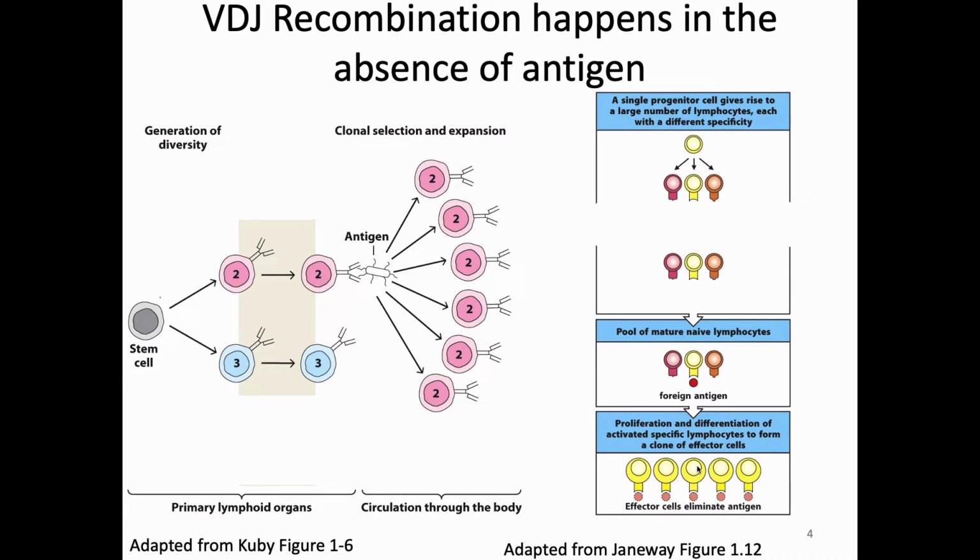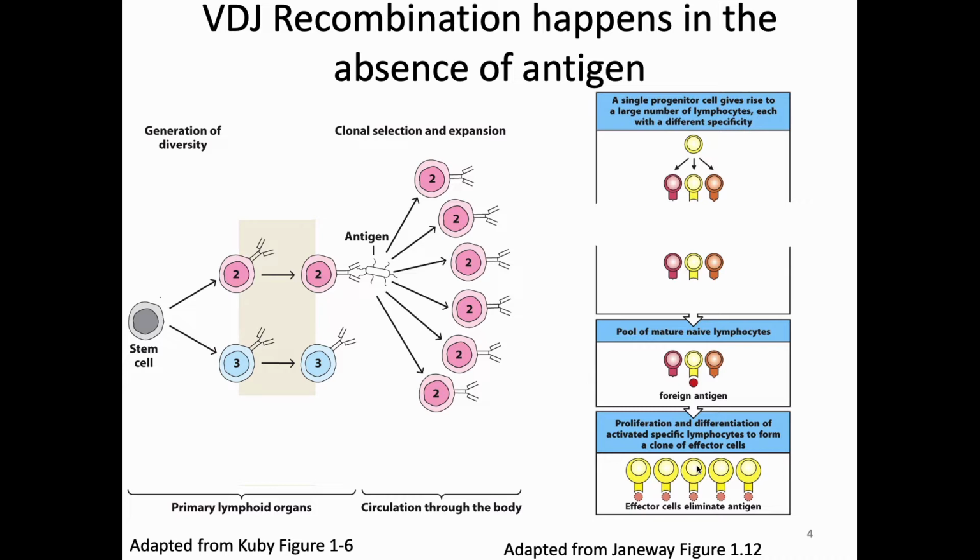We didn't care what antigen, we just picked a V and picked a D and picked a J. We didn't care if that was for any particular antigen, we just picked them. And then we tested it to see if it made a protein. We didn't care what it bound to. We made a light chain. We just picked a V and picked a J, made a protein. We didn't care what it bound to. So all of this has been going on in the absence of antigen.